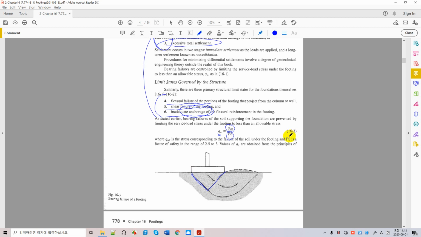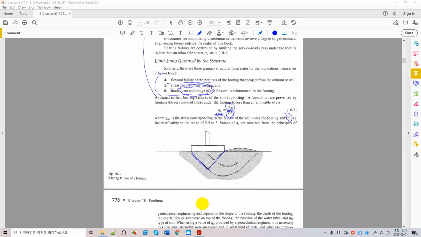Where FS stands for the safety factor. So safety factors must be properly established to get QA. QA is something that you can use for design with safety. We can also refer to QA as the bearing capacity of the soil.